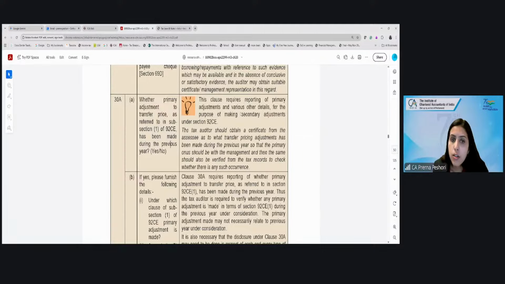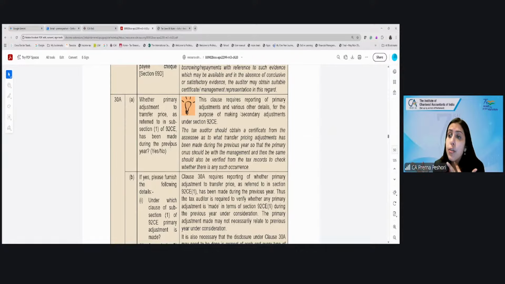Okay. So here you need to look at the transfer pricing documents. You need to look at the transfer pricing audit report and should put it over here as a point. Okay, so this is basically pertaining to any primary adjustment which is made, right? It may be made by the assessee himself, so you need to look into the transfer pricing report or the computation of income.